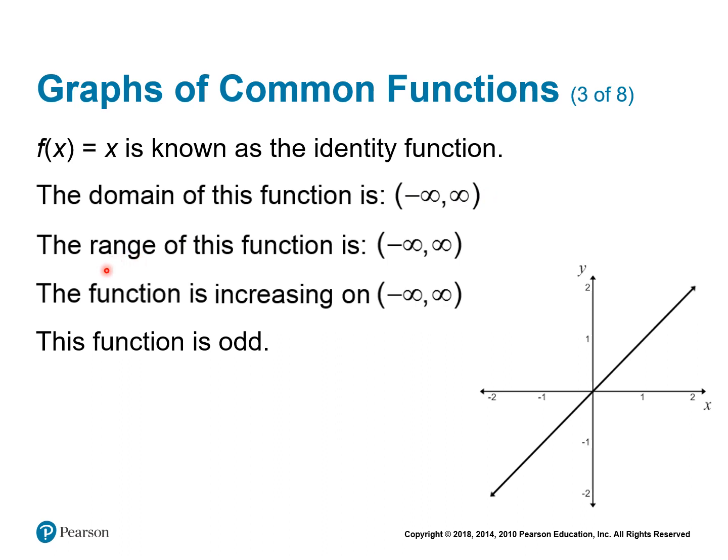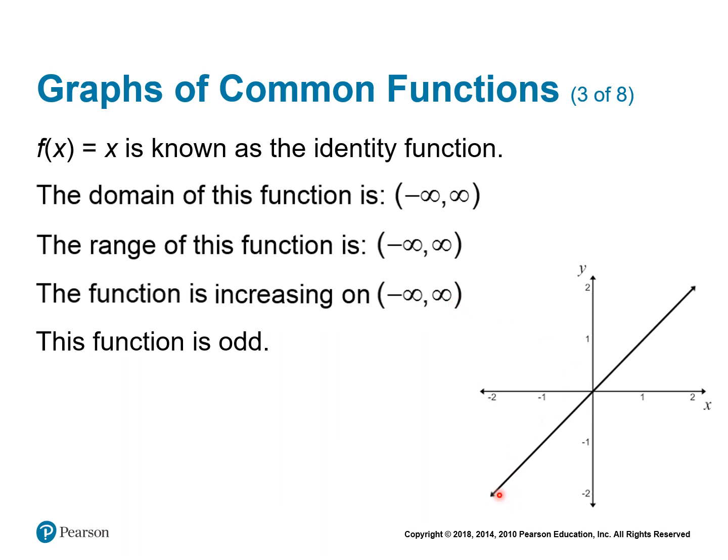The range, that means the possible y values, is also -infinity, infinity, because in an identity function the y value will be whatever the x input value was. The function is increasing on -infinity, infinity.